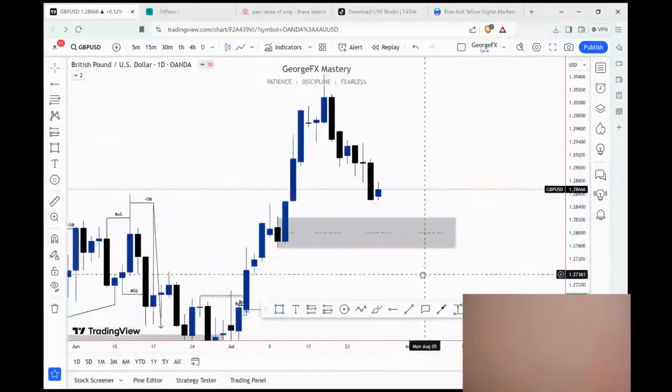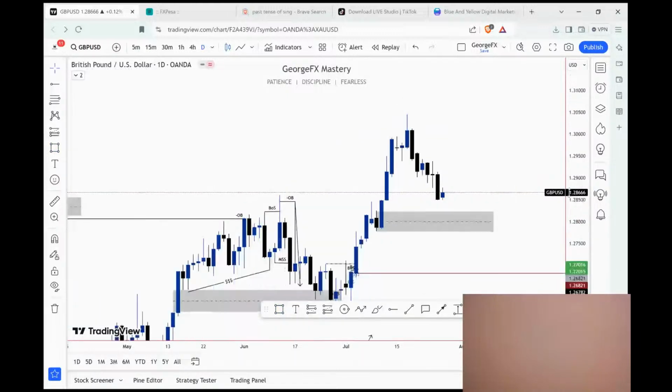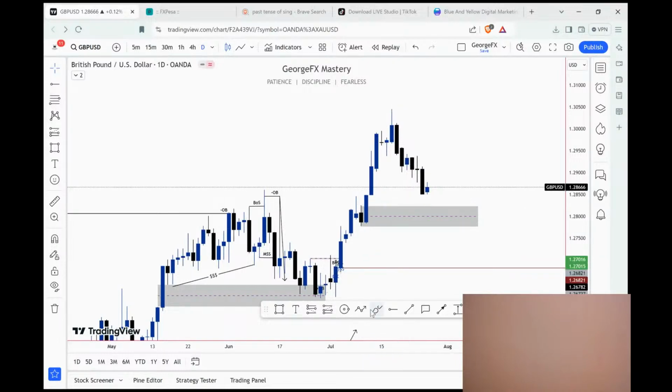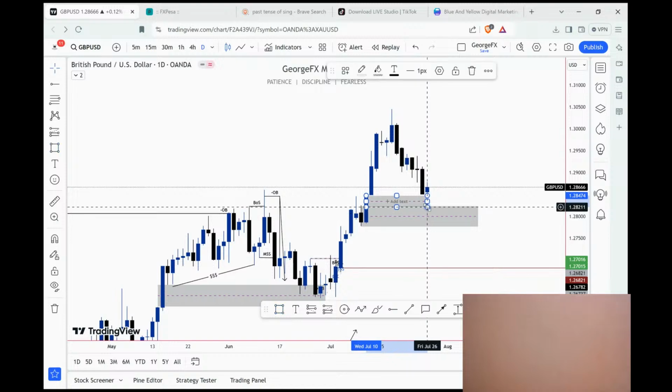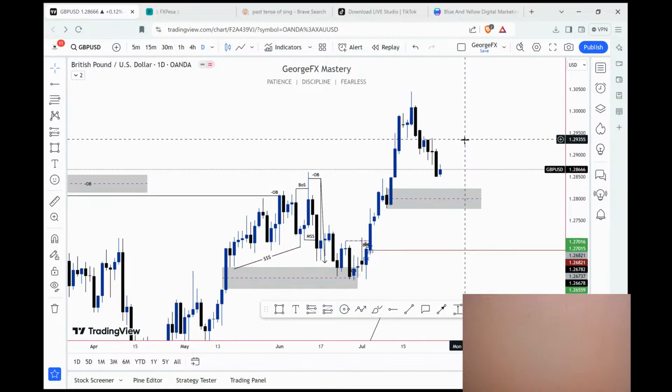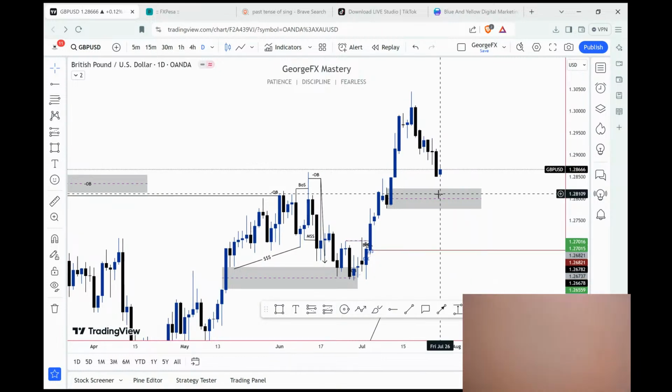Now I was backtesting this pair yesterday, that's why it's very dirty. You can see here, this is a very nice OB that you can be looking out for, and it has a fair value gap in between there. We'll be trading from this particular order block.